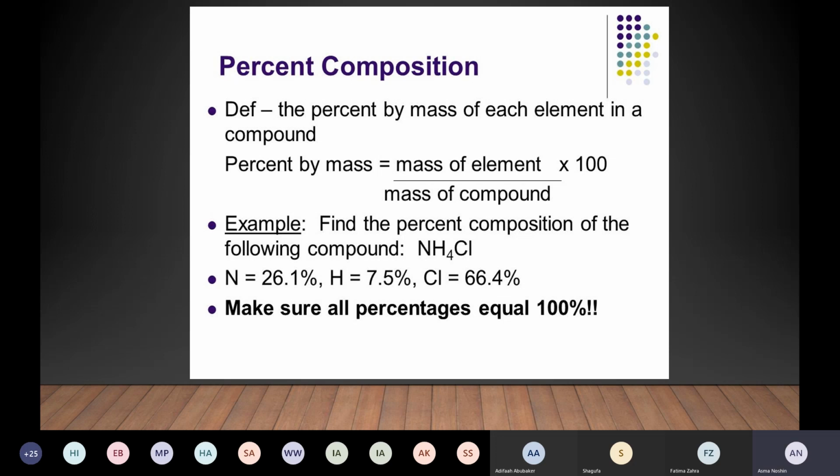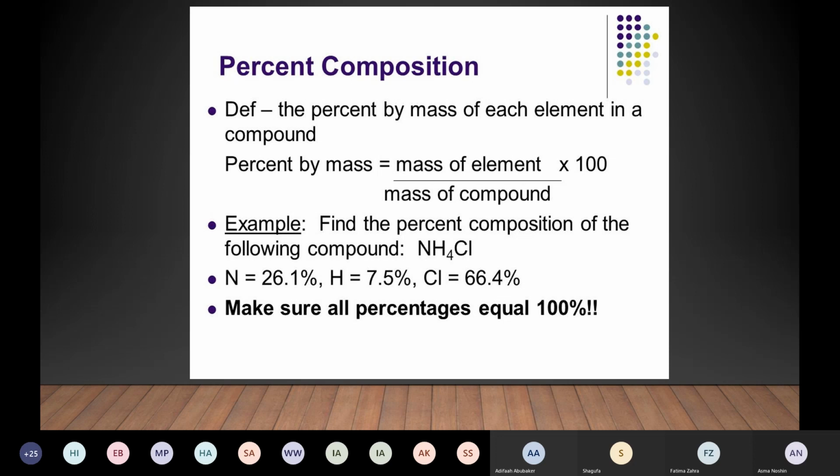Unmute yourself and you can tell me, or you can type it. Okay, yes, chlorine is 35.5. Very good.